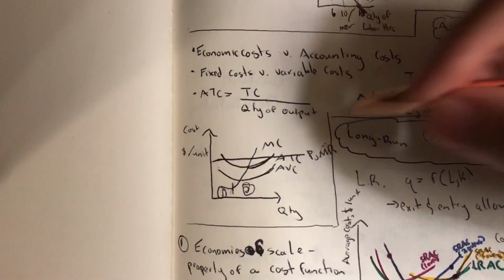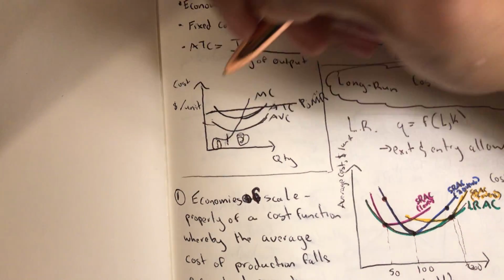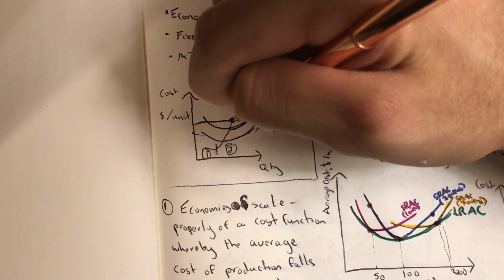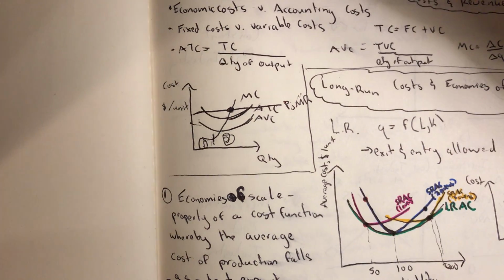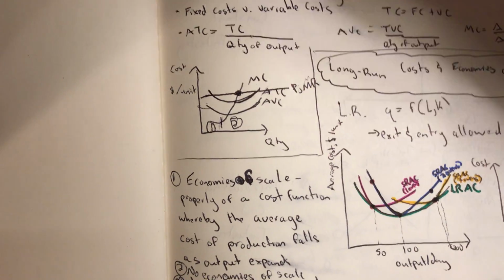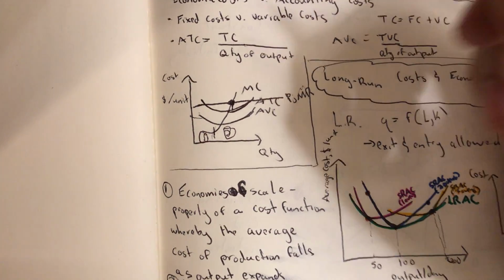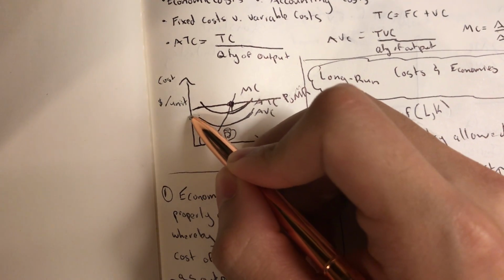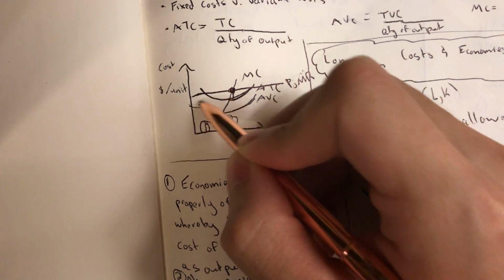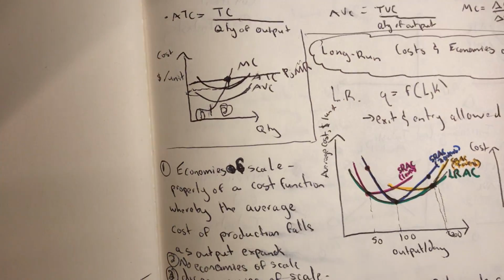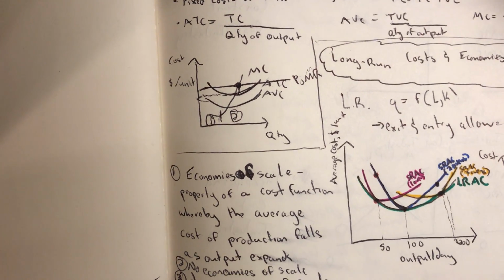So right here. And then we said that profit maximization is always going to happen at the intersection of marginal revenue and marginal costs. So it's right here. And we can actually think about profits. We can go all the way down to the average total cost curve and go all the way across, and I'll represent that with blue.